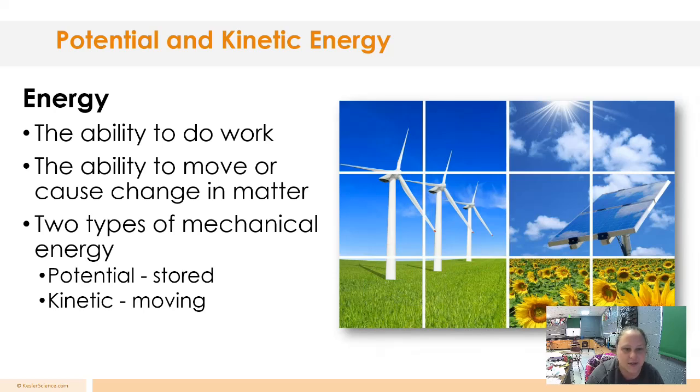The two types of mechanical energy are potential, which is stored energy, and kinetic, which is moving energy. Potential is stored, meaning there's a possibility it can be transferred to kinetic energy, but it's mainly being stored. So when it has the ability to move, it's potential. When it's actually moving, it is kinetic.